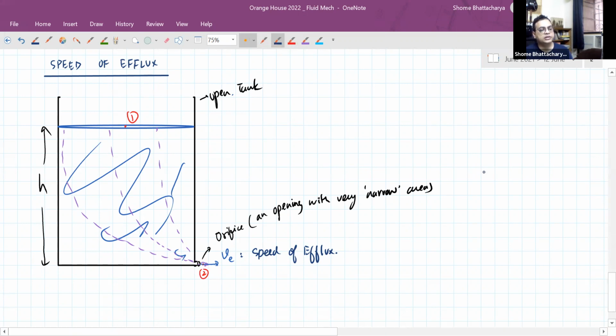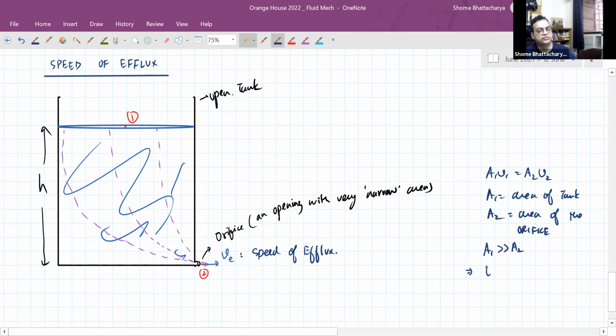So when we apply the continuity equation, we can see that A1 is the area of the tank, A2 is the area of the orifice. So A1 is very much larger compared to A2. So V2 is very much larger compared to V1. Now V2 is nothing but the efflux velocity.